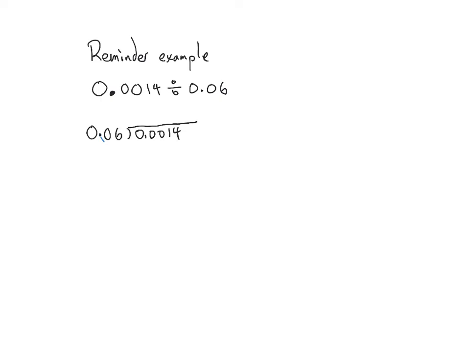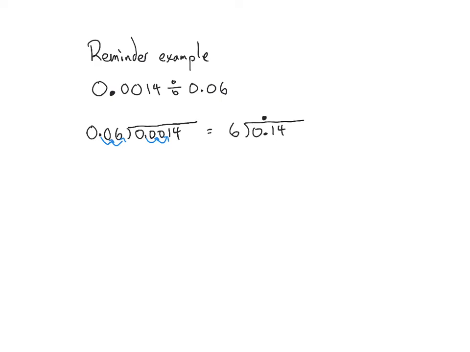We'll move the decimal place over 2 places. So this becomes 6 divided by 0.14. And just to make sure, when we do long division, we talked about this before, but we need to keep our place values aligned. So I'm going to put my decimal there just to make sure we understand what's happening.